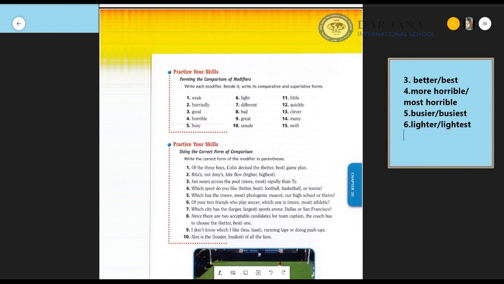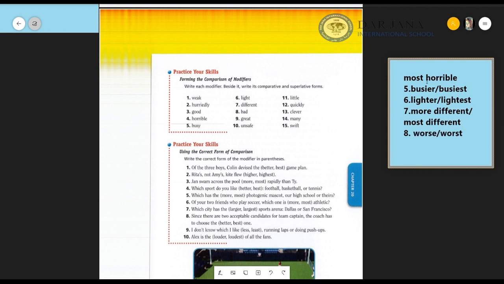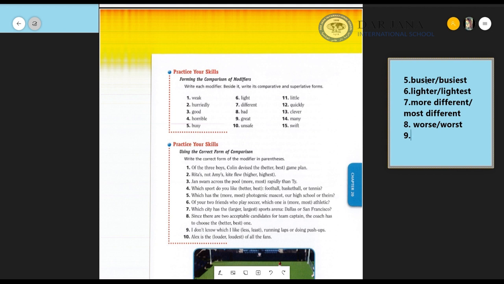Number 7. Different, 3 syllables, so more different and most different. Number 8. Bad, again bad is irregular, so it's going to be worse and worst. Number 9.